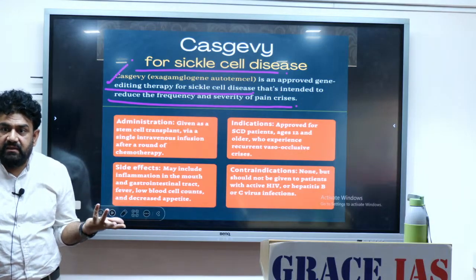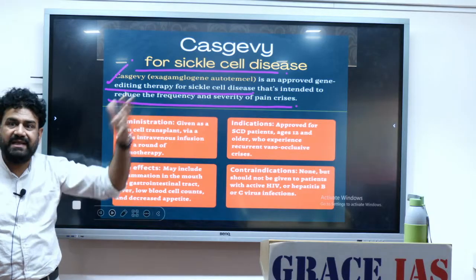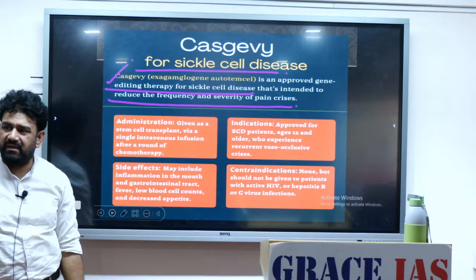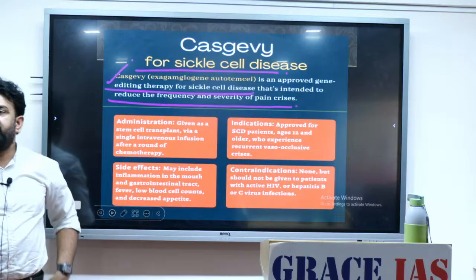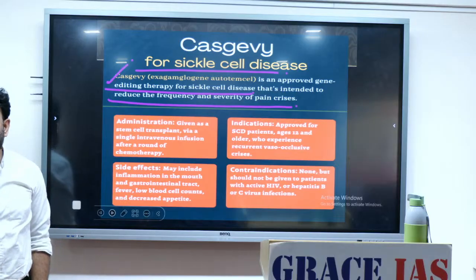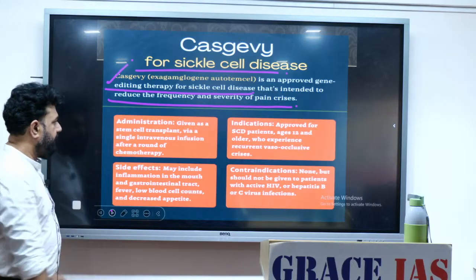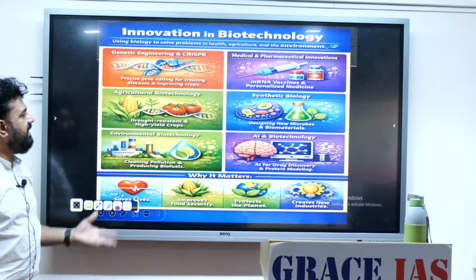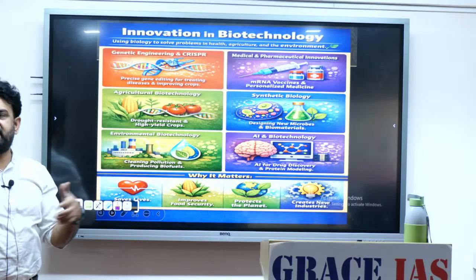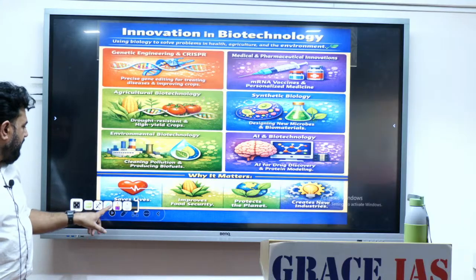Which one is right? Gene therapy tool, Cas-JV. You cannot guess it unless you know about it. That's gone. You get it? So that's how it is. Or which of the following statements is correct regarding Cas-JV? Statement based again. That is not easy. You can go wrong. Yes. Just the term here, Cas-JV. Yes. So again, innovations you can have, again applications, same thing, you can understand all these things. Yes. So getting back here.